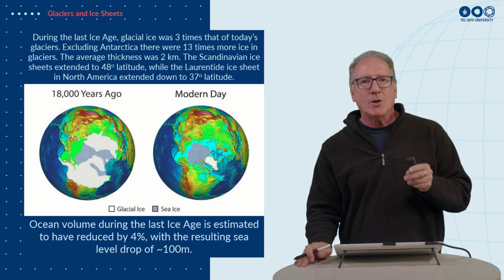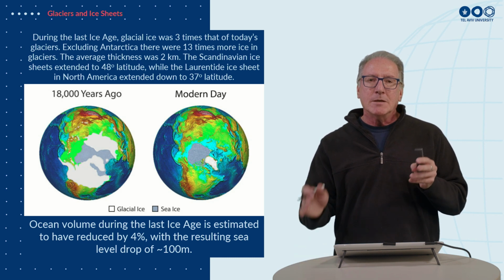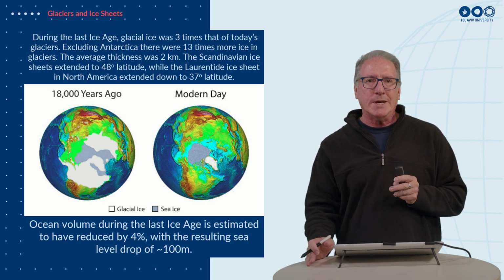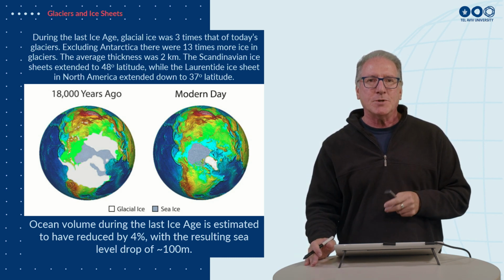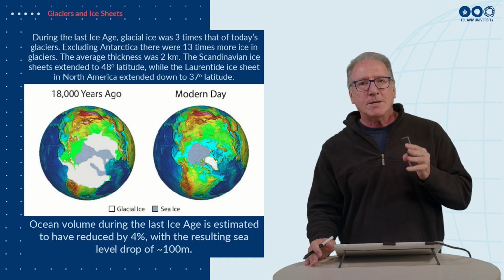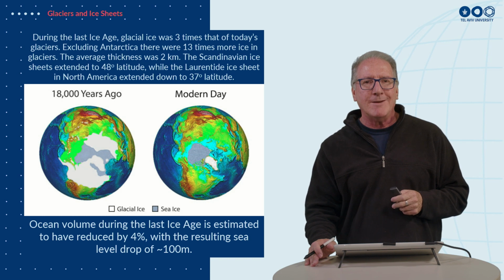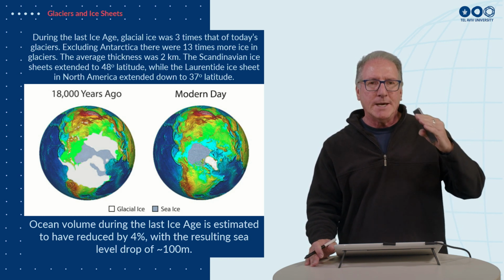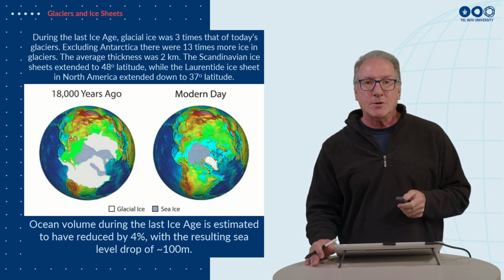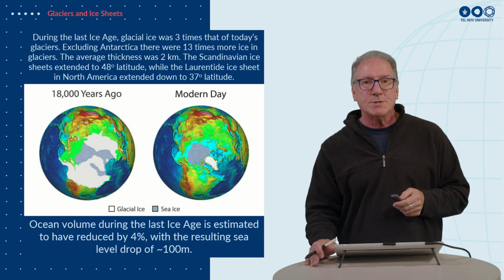We see here on the right-hand side, the modern day ice sheet is really only over Greenland, as well as the sea ice shown here in gray. And 18,000 years ago, the whole of northern Europe, Scandinavia, the whole of Canada, down to 37 degrees, which includes New York City, was underneath this ice sheet.